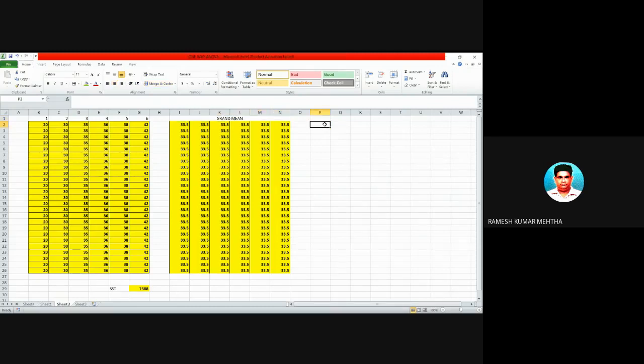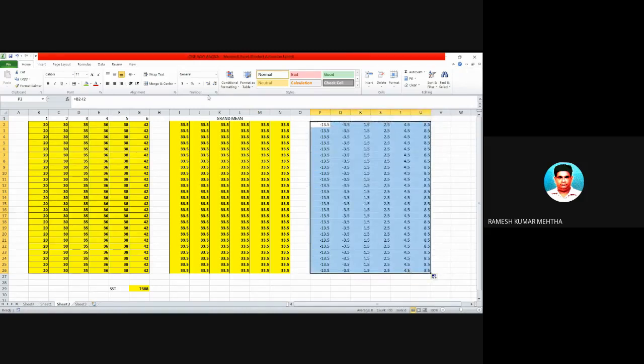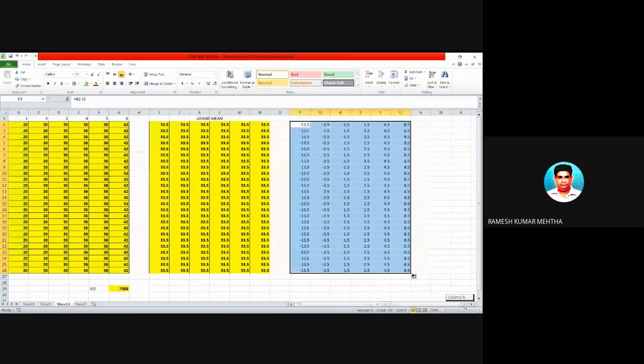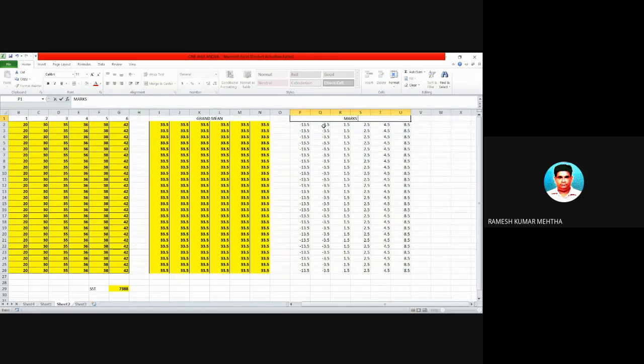So I find this minus this and enter, and drag it to the bottom and up to 6 columns, because there are 6 different methods of teaching adopted by the college. This is nothing but marks minus grand mean.